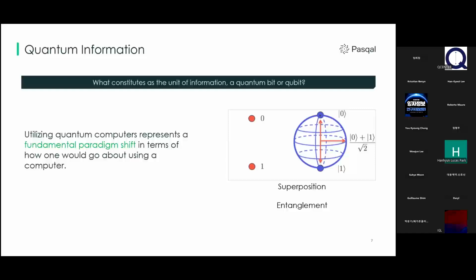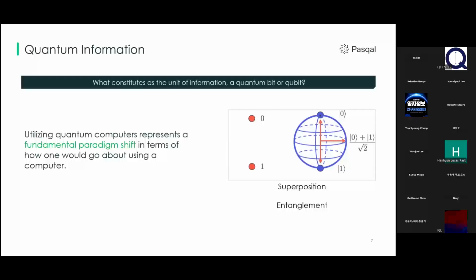So if we were to consider that the surface of the Earth, a fictional Earth in this case, would be your quantum information, or your information in general, if you were to look at this information from a classical computer's perspective, what you would see is the North Pole and the South Pole, so 0 and 1, and everything else would be lost to you.